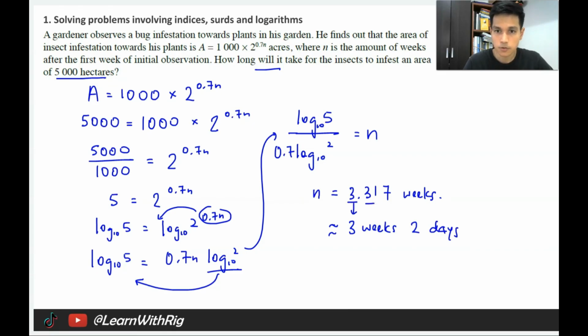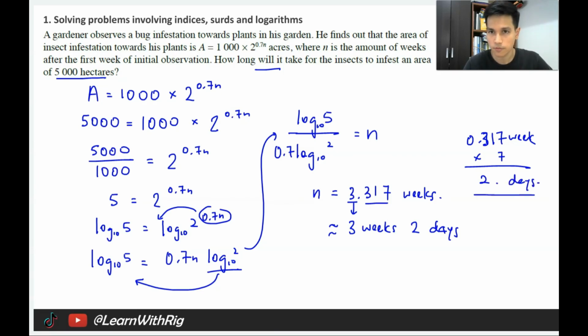The 0.317 weeks, you times 7, you get roughly 2 point something days. I'm just giving you a rough answer here, so you round it to 3 weeks and 2 days. Okay, so that's how you solve this question.